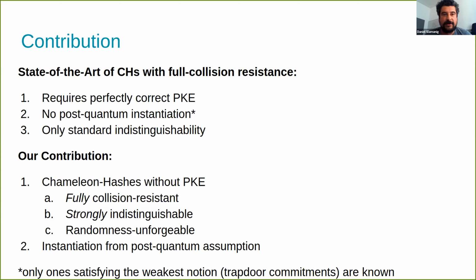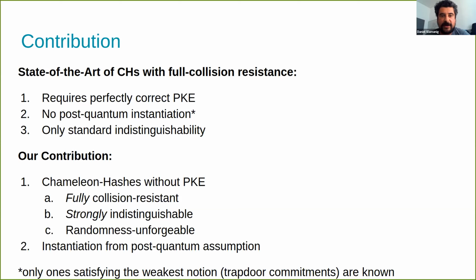You could use compilers that amplify and get rid of the correctness error, but it won't lead to practical instantiations. And the only practical instantiations of chameleon hashes in such a setting are known for the weakest notion of collision resistance, which basically is that of a trapdoor commitment.